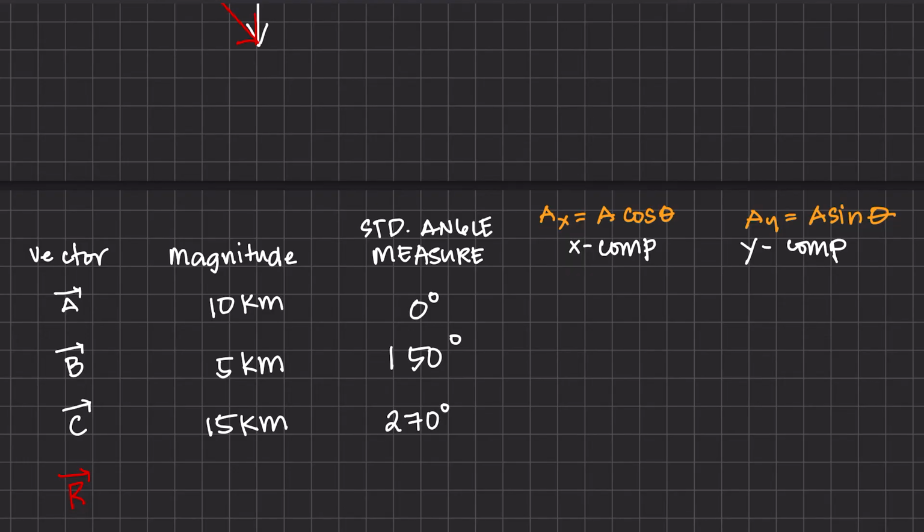Okay, so for vector A, let's have 10 kilometers, 0 degrees. Obviously, x component is 10 kilometers. And then the y component is 0. For vector B, 5 kilometers, 150. So 5 cos 150. Sorry.